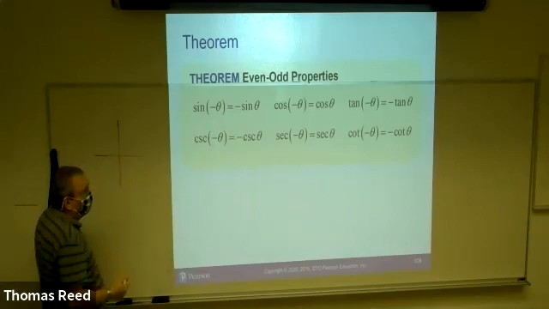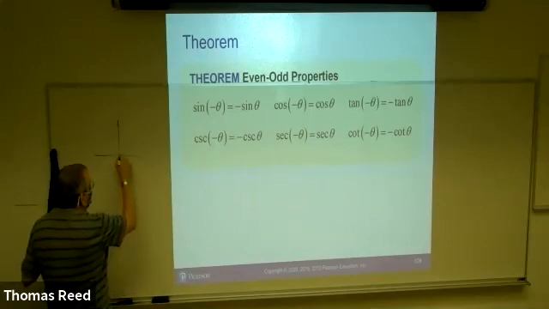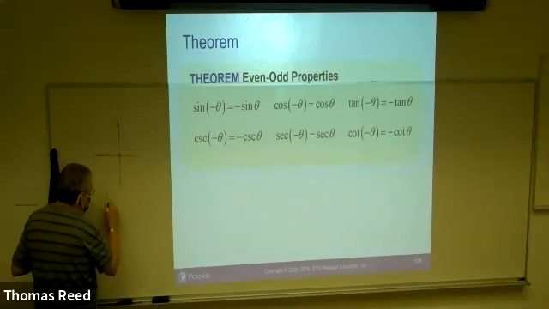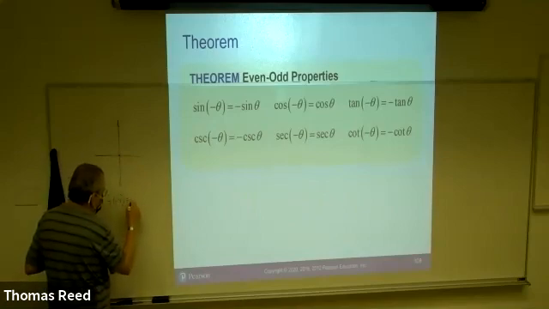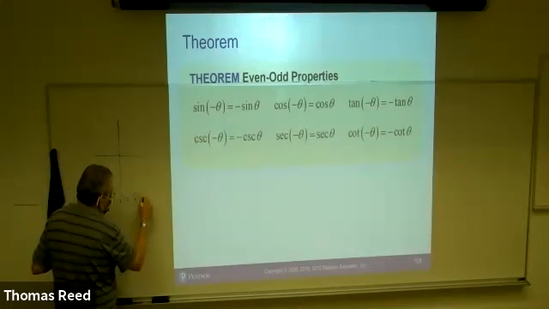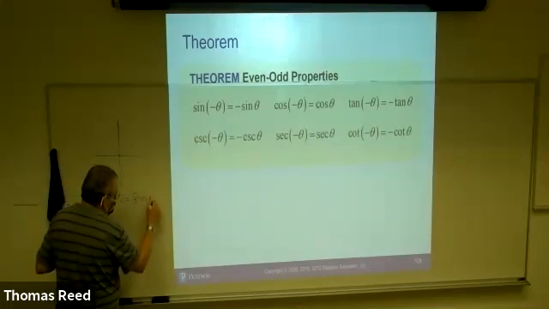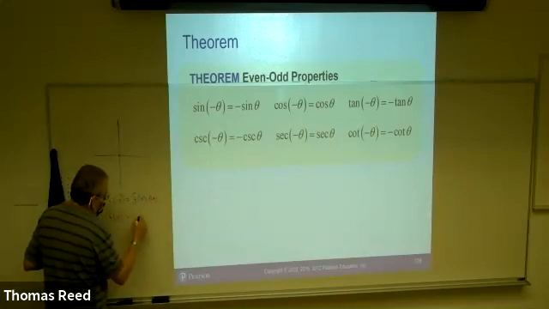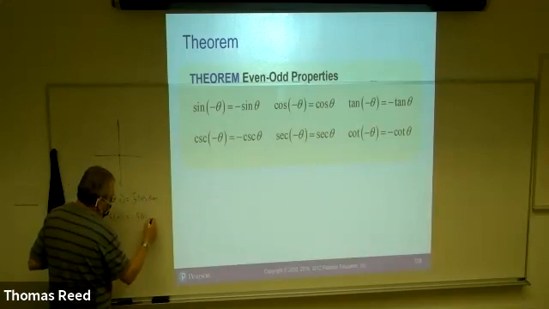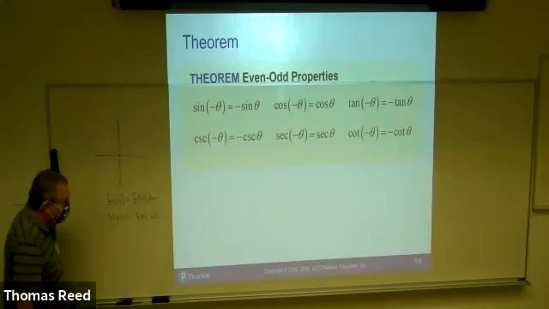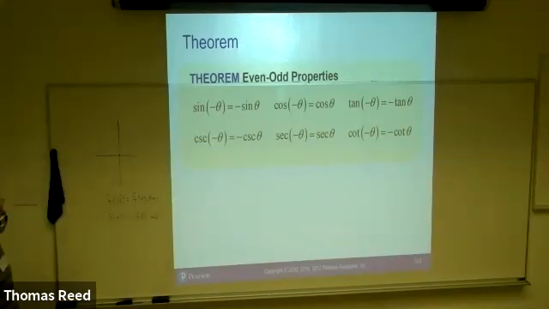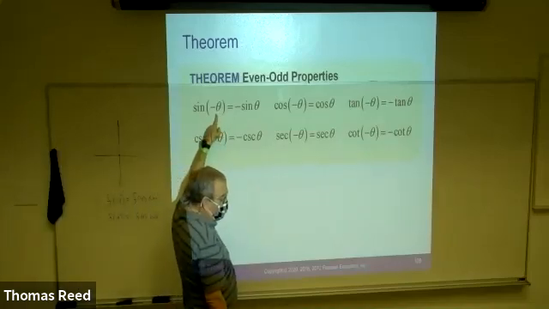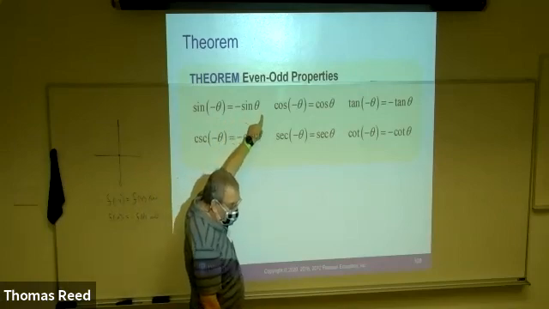And if it's an odd function, it's symmetric with respect to the origin. If you do f of negative x and you get f of x, then that was an even function. If you did f of negative x, but it came out the negative of f of x, then it's an odd function. And so looking at these, sine is an odd function, because the sine of a negative is the negative of the sine of the positive.